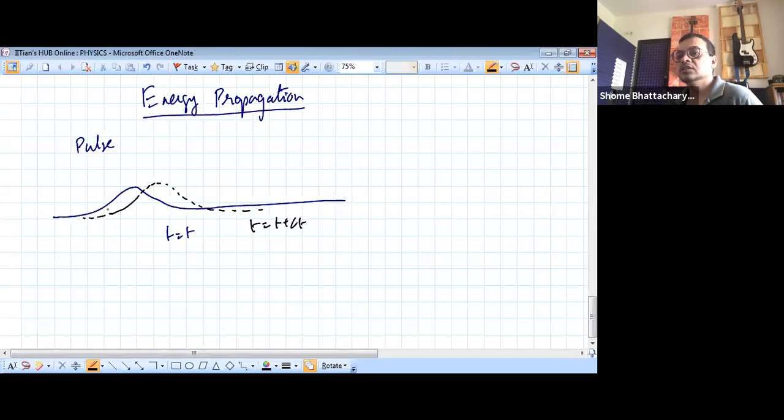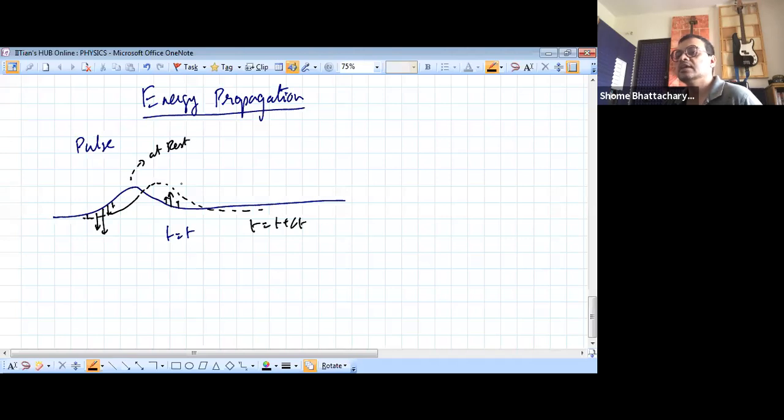Okay. So you can see that these particles right now are having downward velocity, and these particles right now are having upward velocity. Okay. And the particles at the peak are more or less at rest.